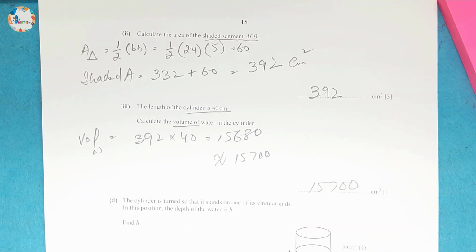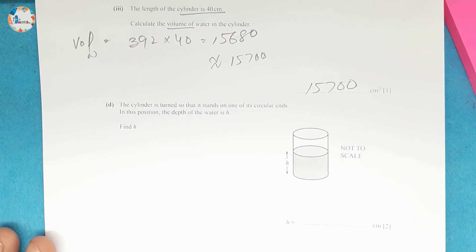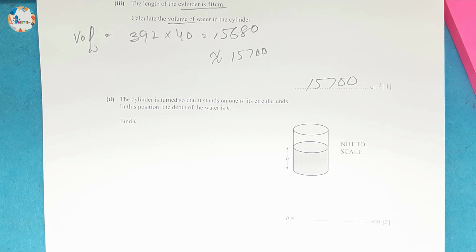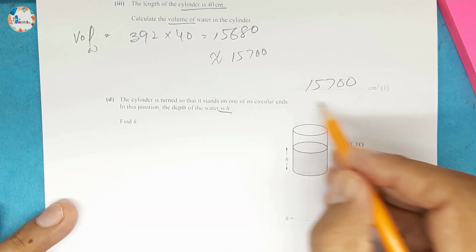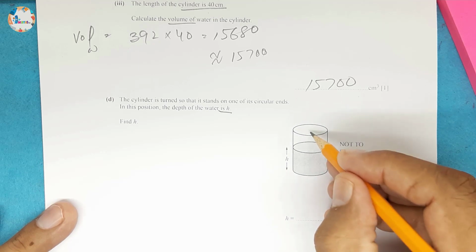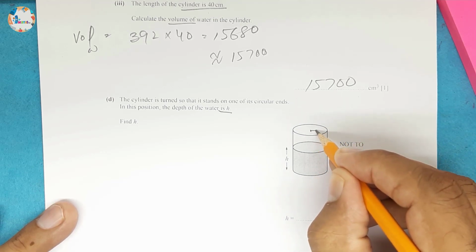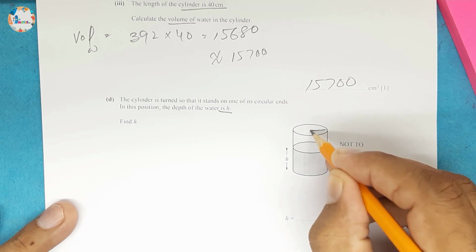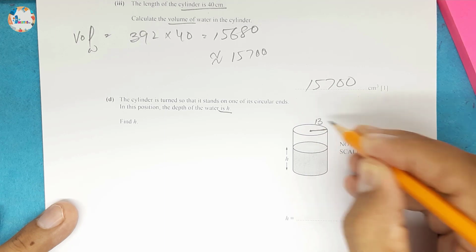Now the D part: the cylinder is turned so that it stands on one of its circular ends. In this position the depth of water is h. So we know this is the volume of water, and if this is the radius, which is r, we know the value of r is 13.